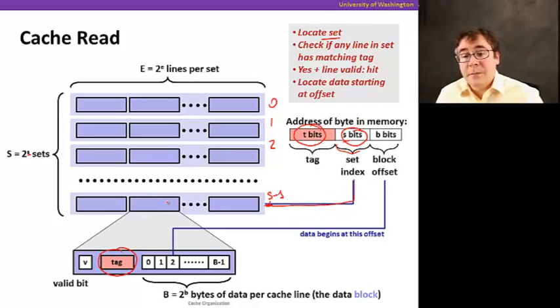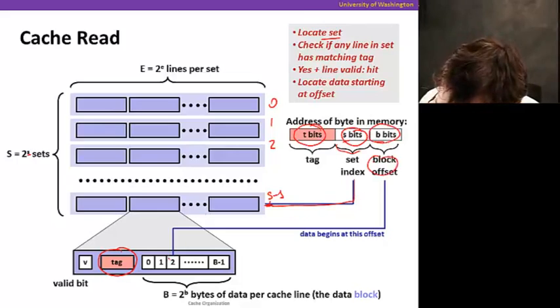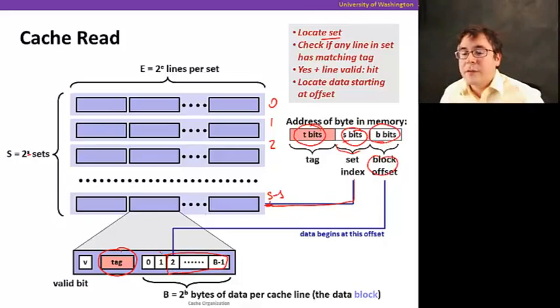Then we use the lower part of the address, the block offset, to determine which part of the block we are going to read, because a cache line can be 16, 32, 64 bytes, but often we read one register's worth of data, which could be 4 or 8 bytes, or maybe 1 byte only, so you have to get only part of the block.